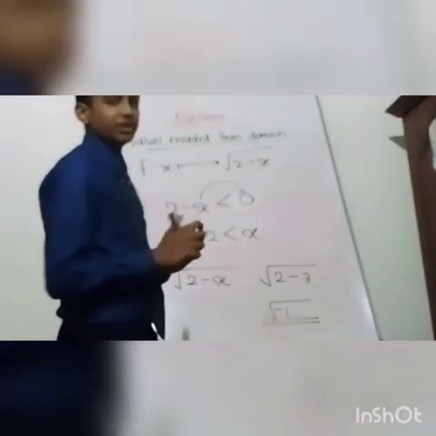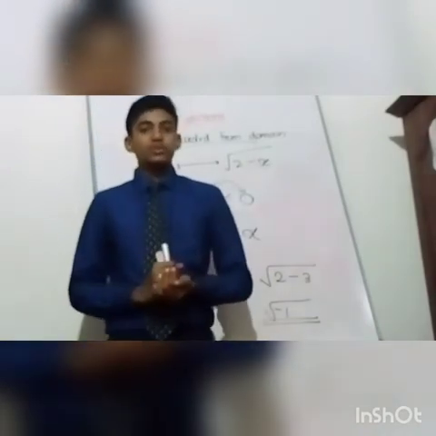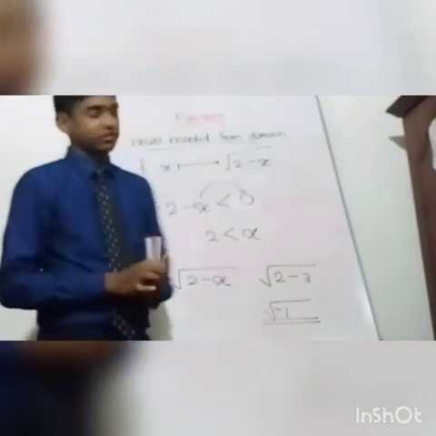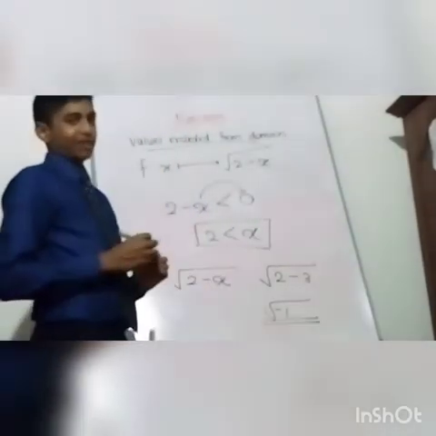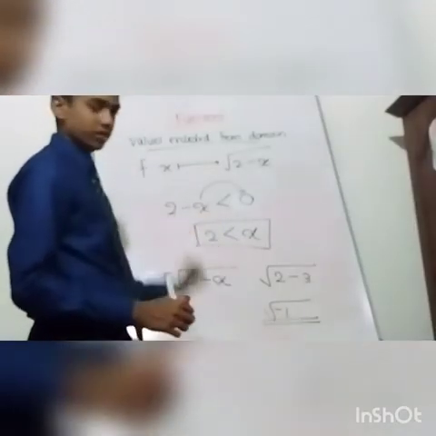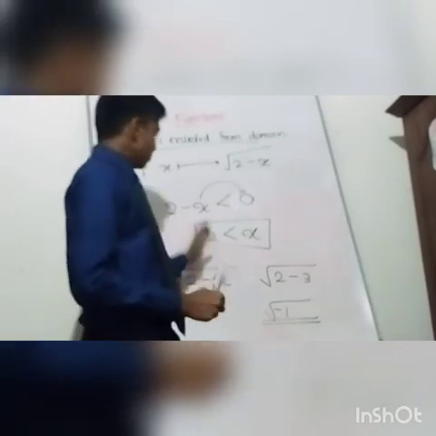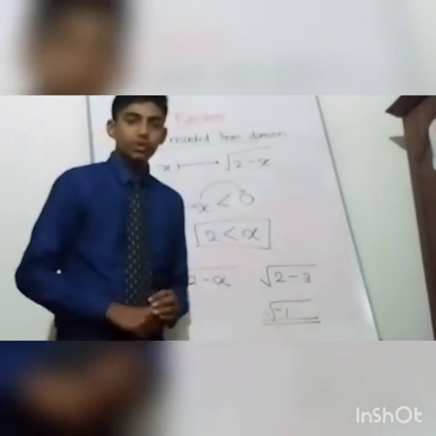So minus 1, no negative square root numbers exist in mathematics. Because we got a negative number, this must be excluded. We must write 2 is smaller than x must be excluded from the domain.